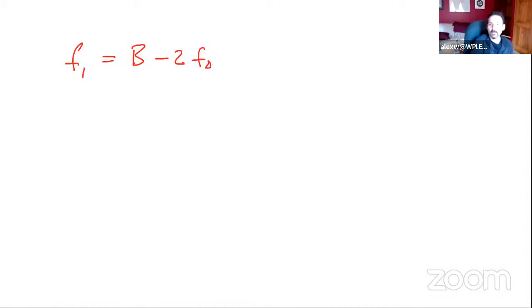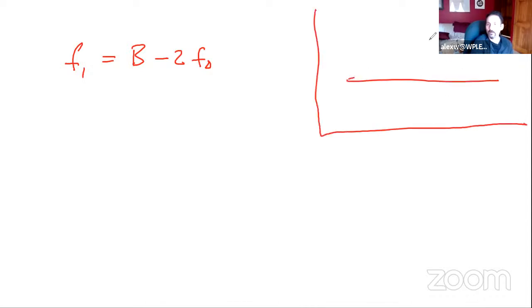So just as an aside, let's look at this. That's F naught. That is F1. That is B. The distance between that and that is F delta.